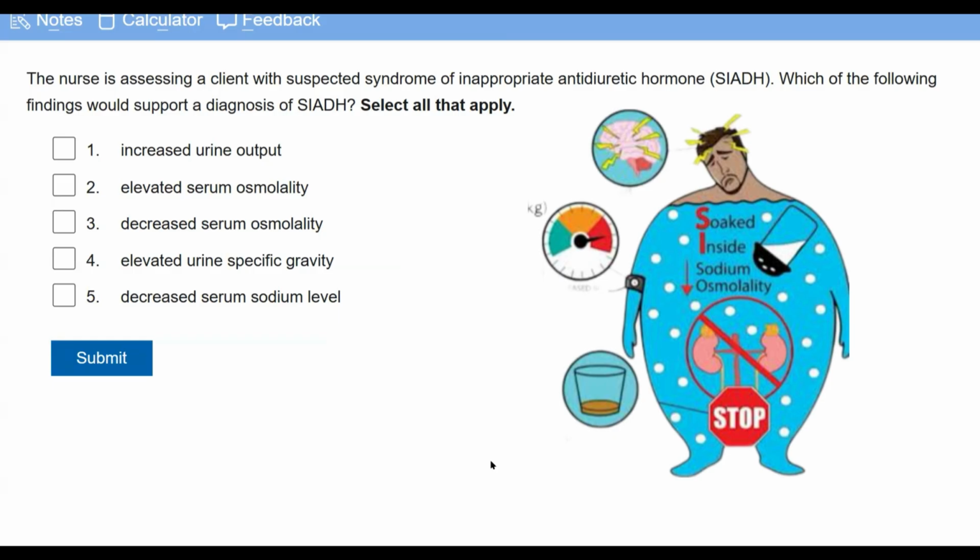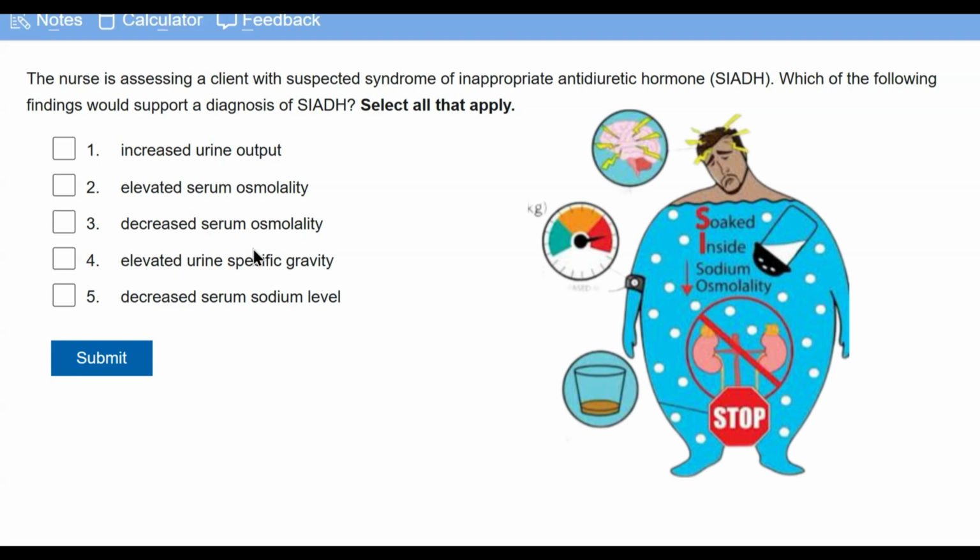And what will be the correct answer for this? Just pause the video, think in your mind, and then we will select. The options are increased urine output, elevated serum osmolality, decreased serum osmolality, elevated urine specific gravity, and decreased serum sodium level. So what will be the correct answer for this?